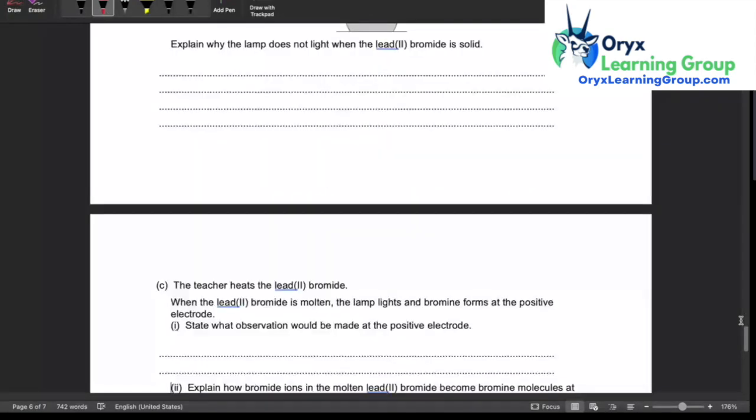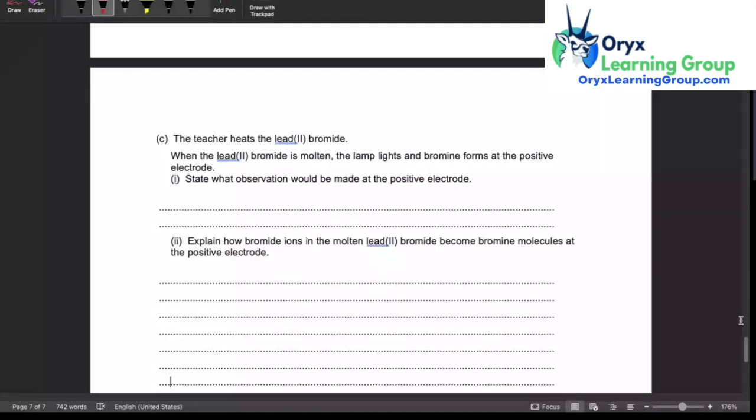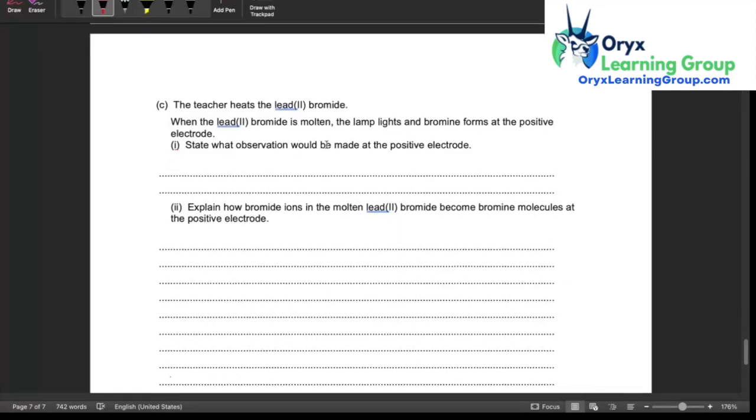It says, when the lead bromide is molten, the lamp lights and bromine forms at the positive electrode. State what observation would be made at the positive electrode. Try out this one. So let me write the equation for this one. What will be the equation happening here? So you have got PbBr2.